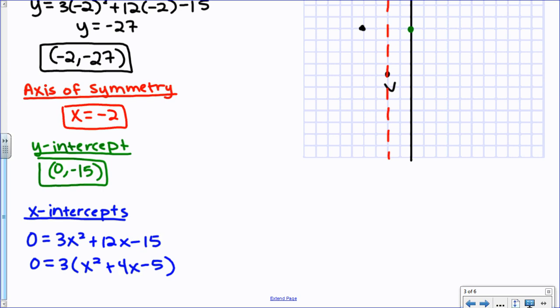So if you divide both sides by 3, what would you have on the left? Yeah, it'll just be 0. So factoring out the 3 with a 0 on the left means the 3 will just end up canceling.